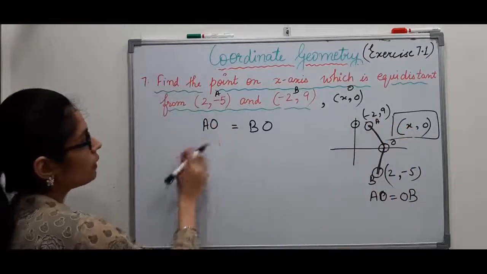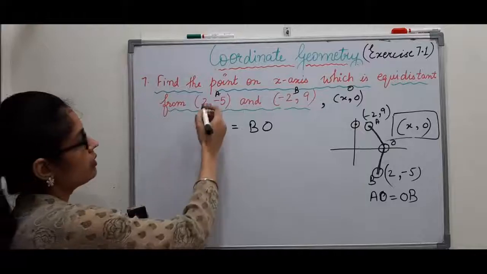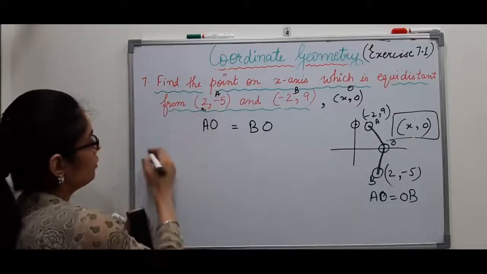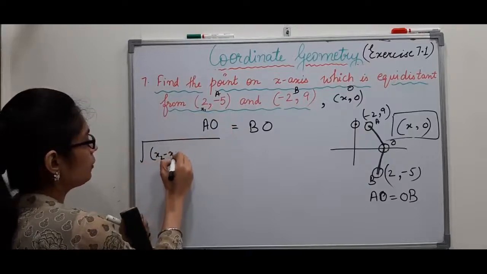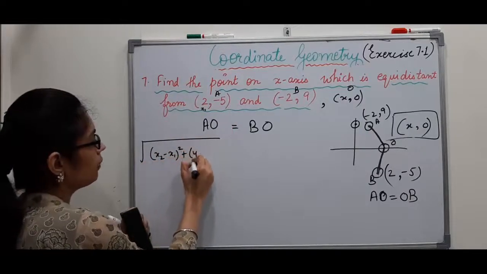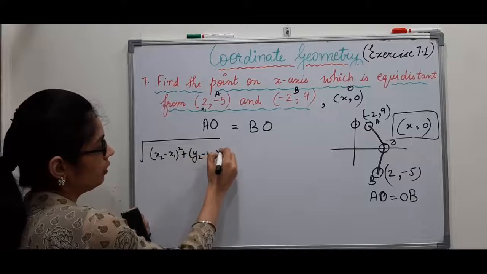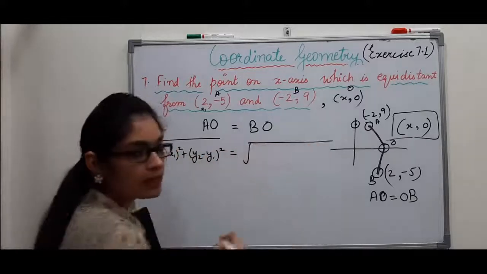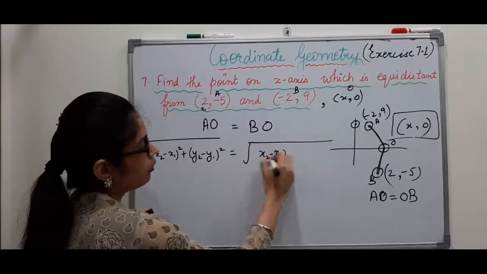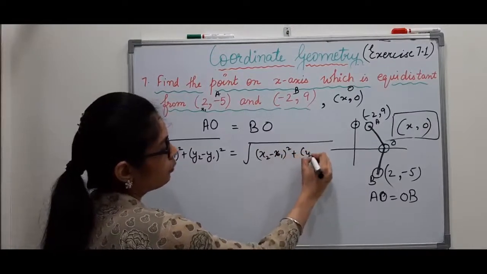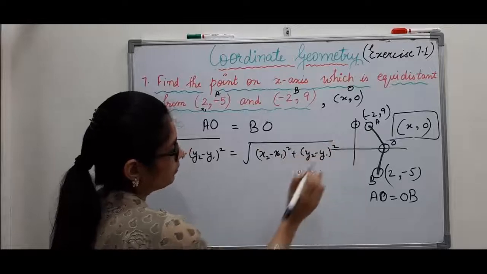So here let's write AO first. So AO means, distance formula, both the sides you have to write x2 minus x1 whole square plus y2 minus y1 whole square. BO, same formula, x2 minus x1 whole square plus y2 minus y1 whole square.